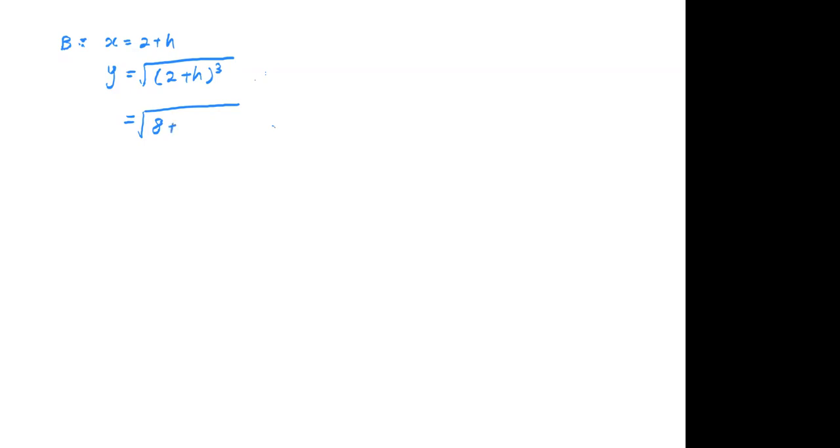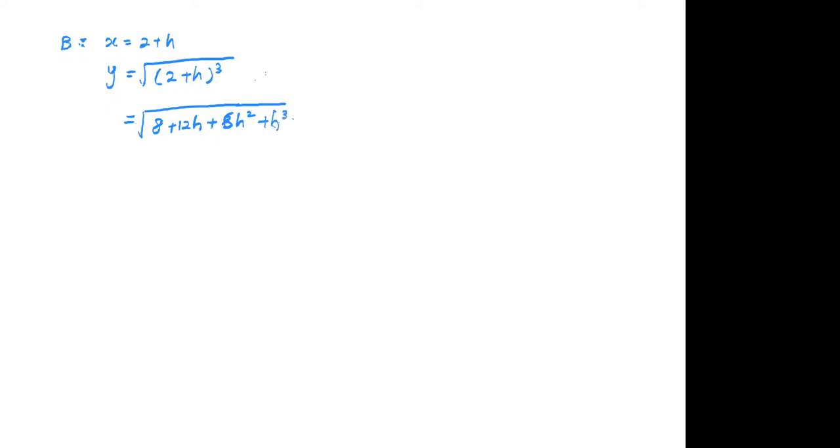So 12h, right? Plus 3 times 2 times h squared, correct? That is 6h squared plus h cubed.